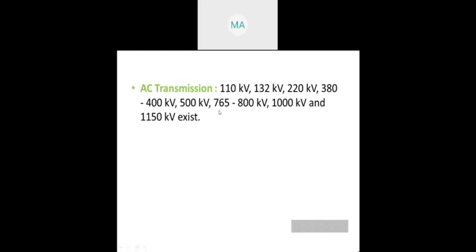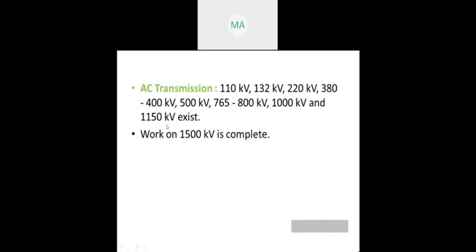In India they are building 765 kV transmission lines. In other countries we have 800 kV, 1000 kV, and 1150 kV also, which exist in some areas.